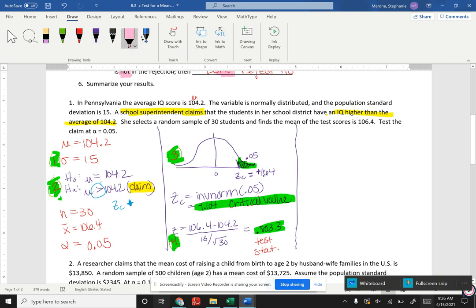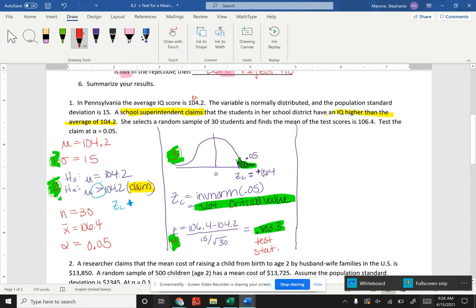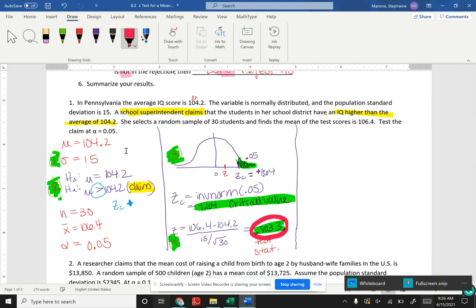So our test stat is 0.8033. I don't know where it is exactly, so that test stat is about here. It doesn't matter where it is. You just want to know, is it less than 1.64 or greater than 1.64?